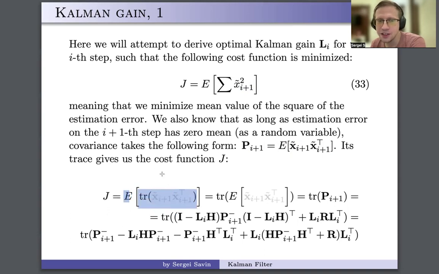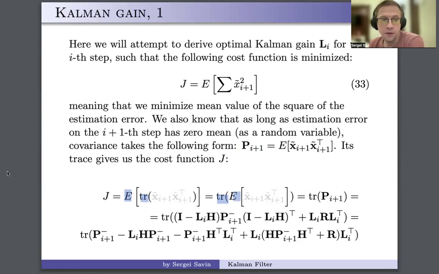The trace of outer product is inner product. So that's what we want to minimize. That's where we used our first piece of mathematics, the trace formula. Also, the mean of trace is the same as trace of mean. They are linear operations, so in this case they can exchange. It is clear because mean is element-wise.